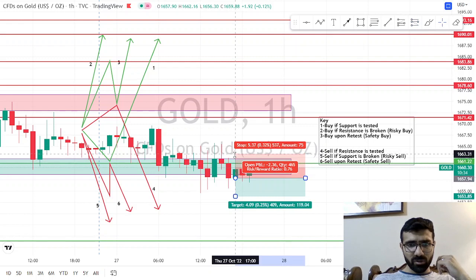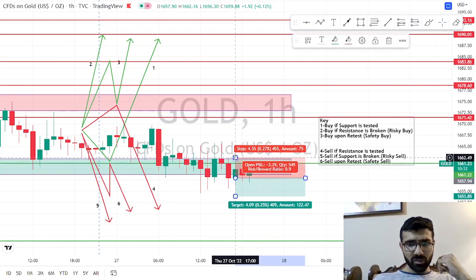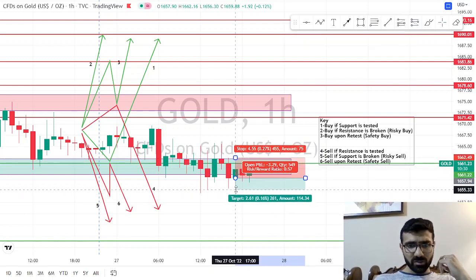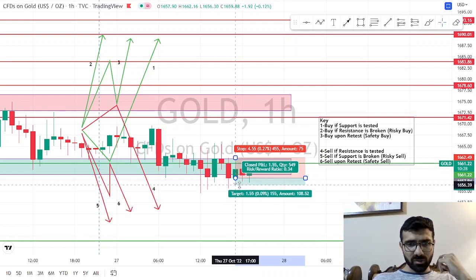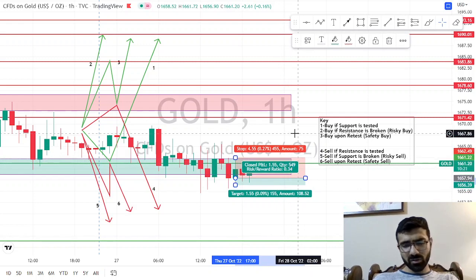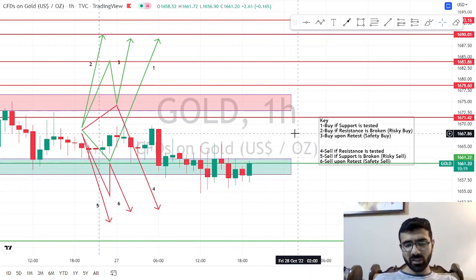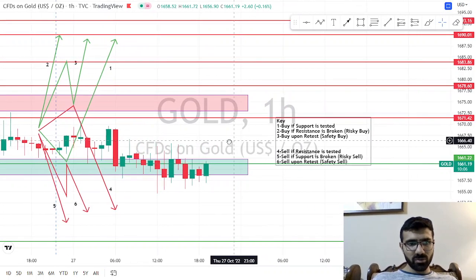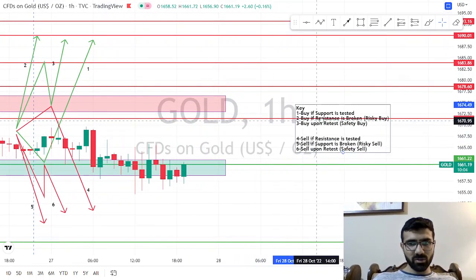I would prefer to stay out of the market. So this trade would have been at approximately 0.3%. So this trade would either still be running, or we would have gotten out at a break-even level.